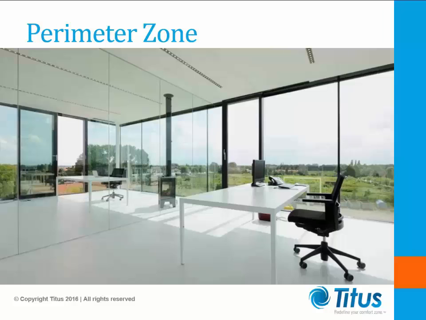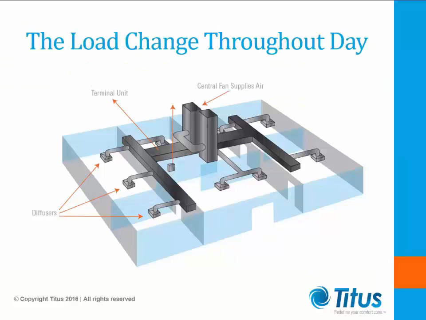Typically, a perimeter zone is within 15 feet of the external walls. These particular zones are harder to control because you do have load changes that happen throughout the day, depending on the typical exposure of your particular building.